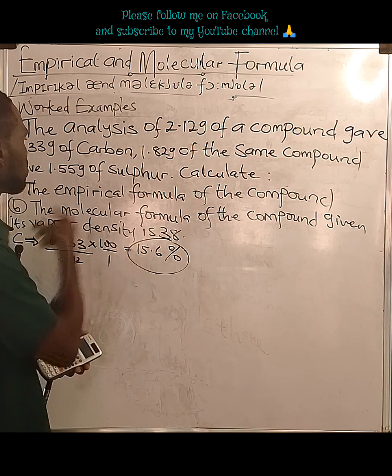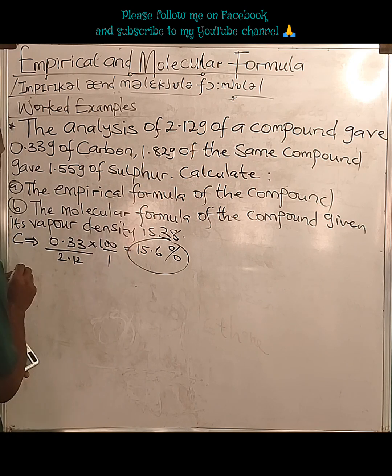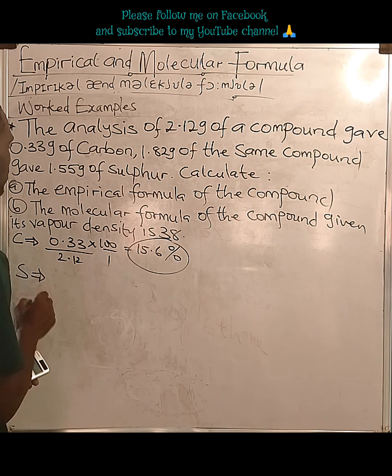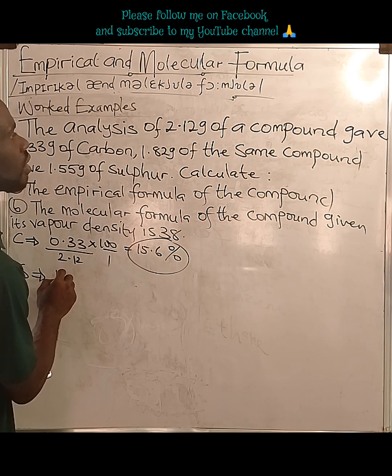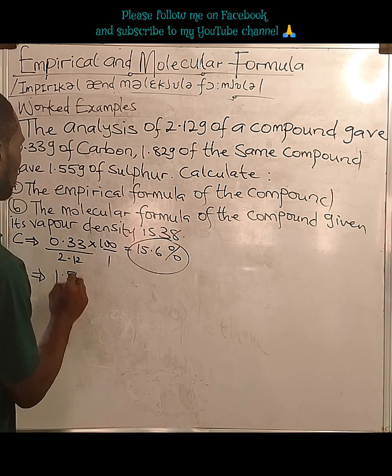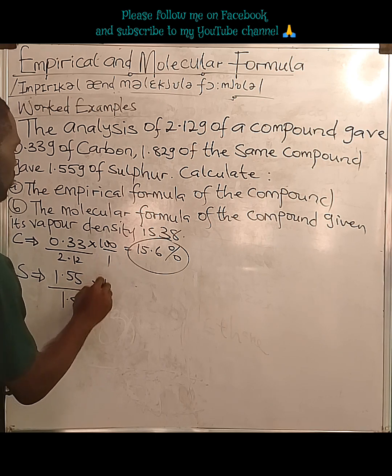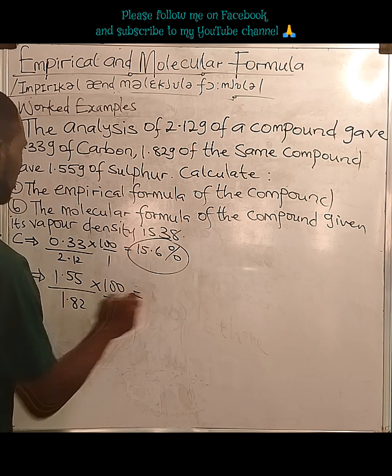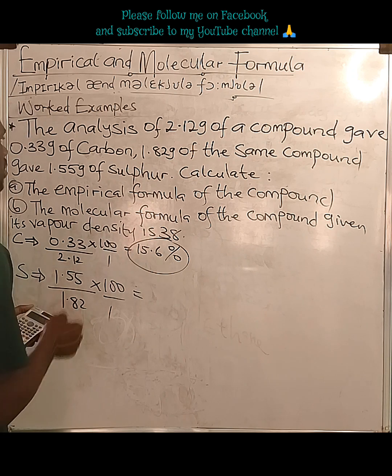Now, for this same compound, another portion of the same compound was picked up. 1.82 gram of the same compound gave us 1.55 gram of sulfur. So let's find the percentage of sulfur in this compound. That's 1.55 out of 1.82 that was used times 100 over 1. Out of 1.82 gram of the same compound, you got 1.55 gram of sulfur.